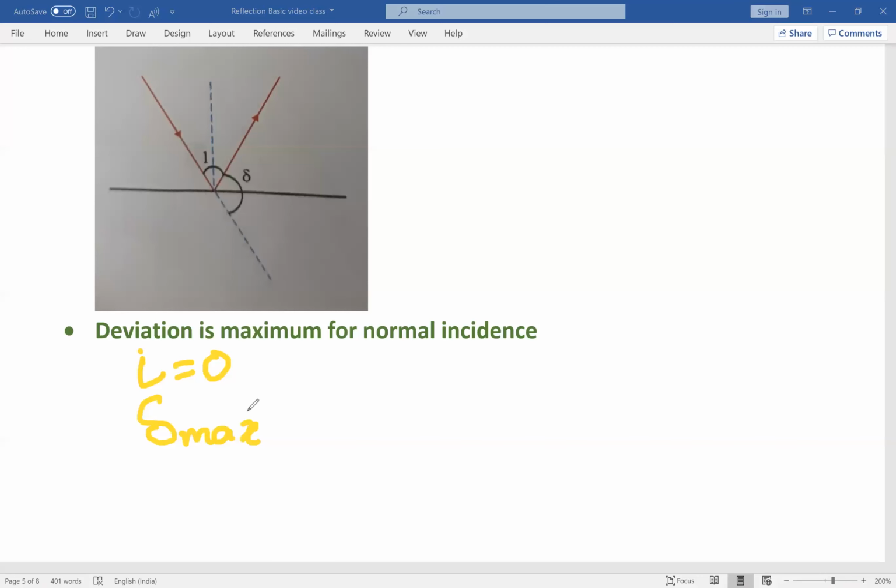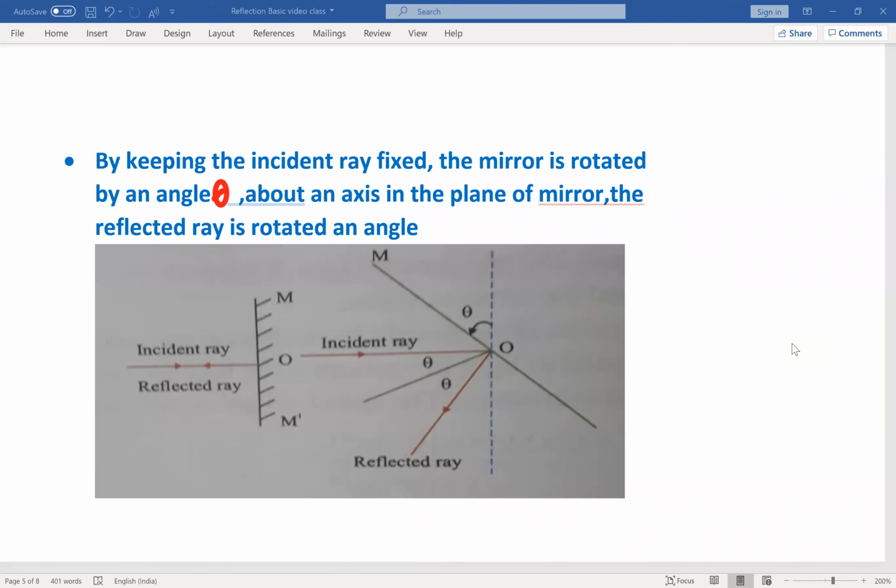How much will it be? Delta is equal to pi minus 2I. I is 0, so it is equal to pi, or otherwise 180 degrees. This is the way you can understand that the angle of deviation will be maximum when the light is normally incident.